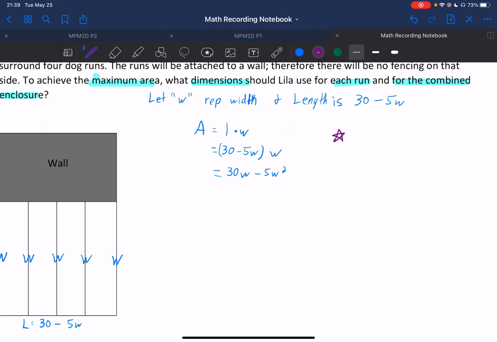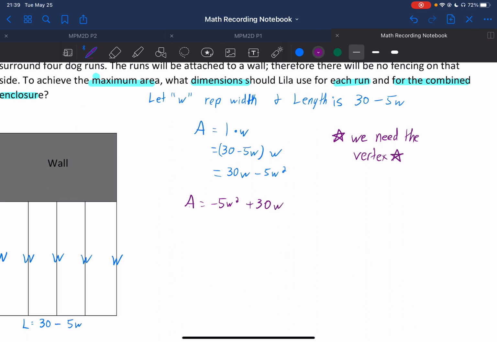So what we need to do is find the vertex. And how do we find out the vertex? Well, we go and find vertex form. So let's rearrange it so we can see it in the nice proper order. A wonderful standard form.